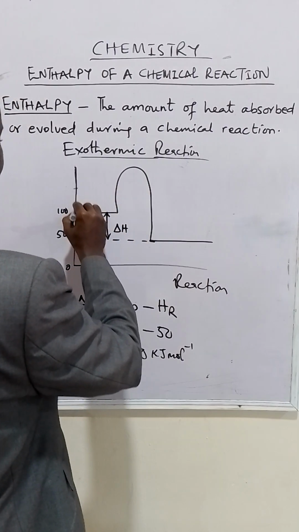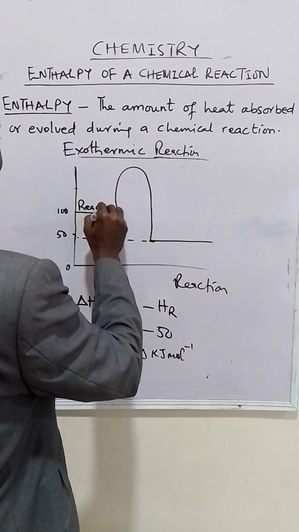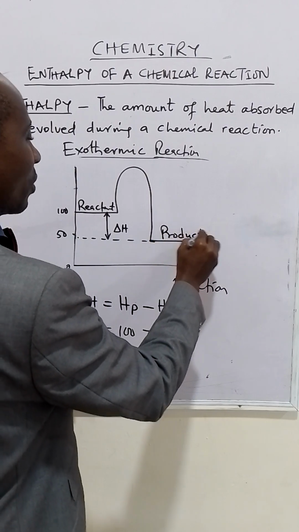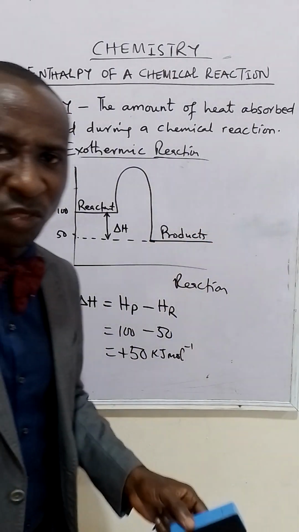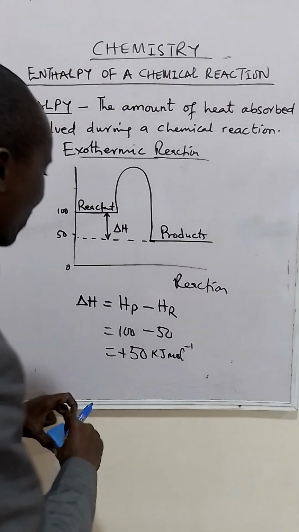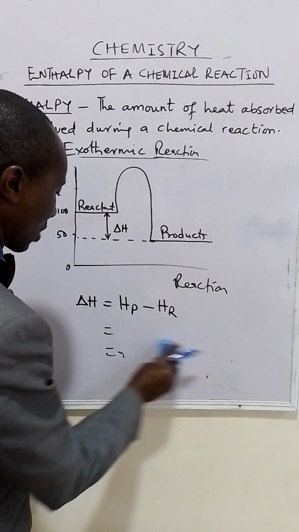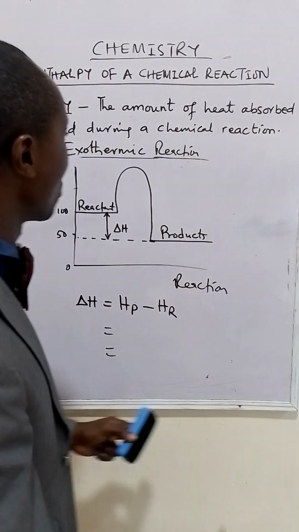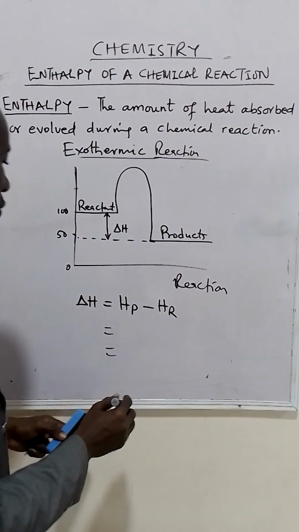Okay, now we have here our reactant, the same thing we have here as our product. This is what we get. Now, how do we find this? We want to calculate the enthalpy of a chemical reaction that is said to be exothermic. So we go again.